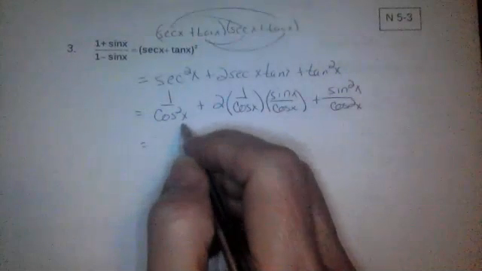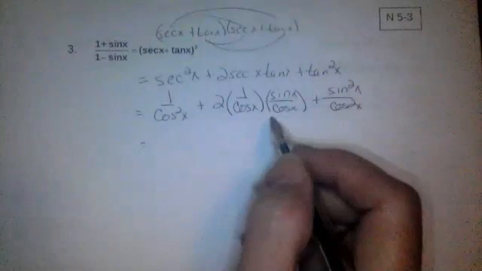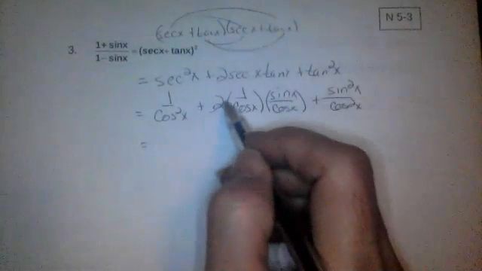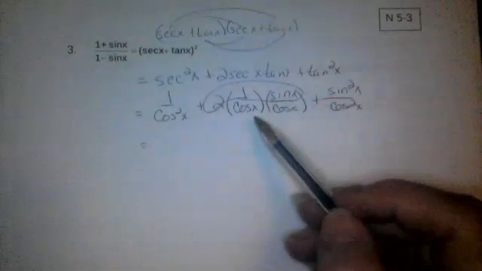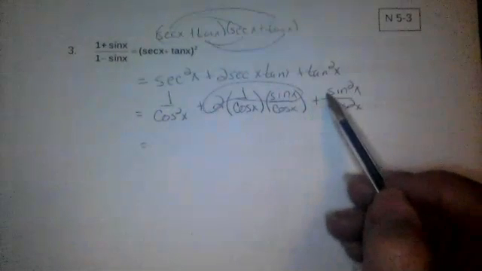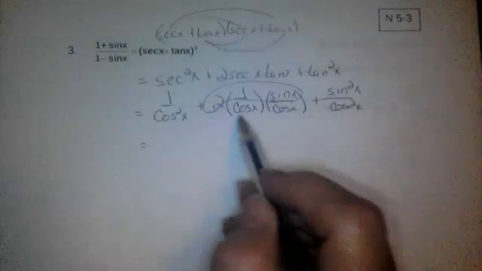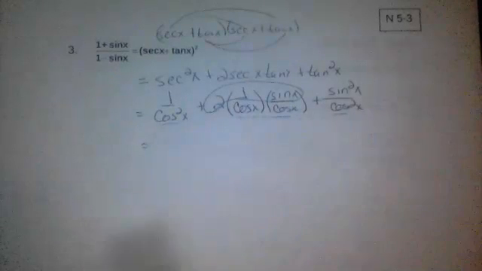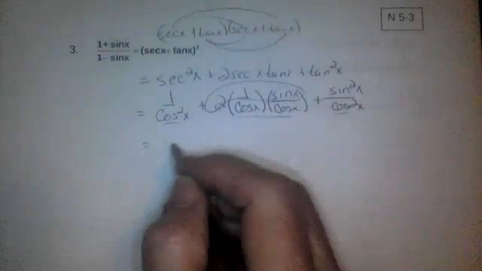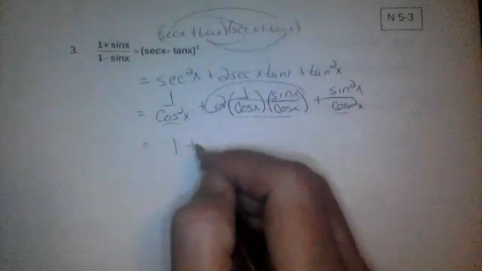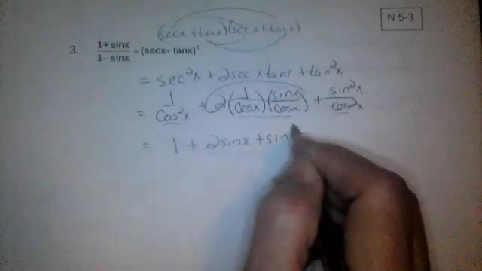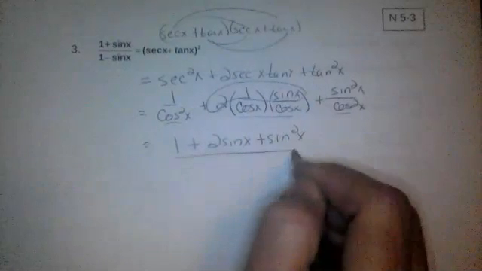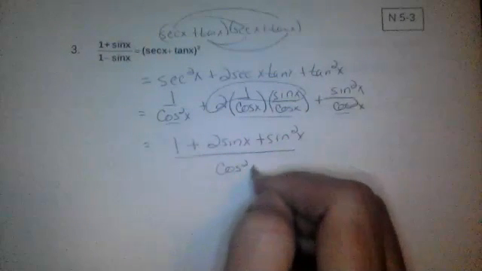We have 1 over cosine squared plus 2 sine x over cosine squared plus sine squared over cosine squared. So they all have a common denominator, so I could add all those numerators. 1 plus 2 sine x plus sine squared x over cosine squared x.